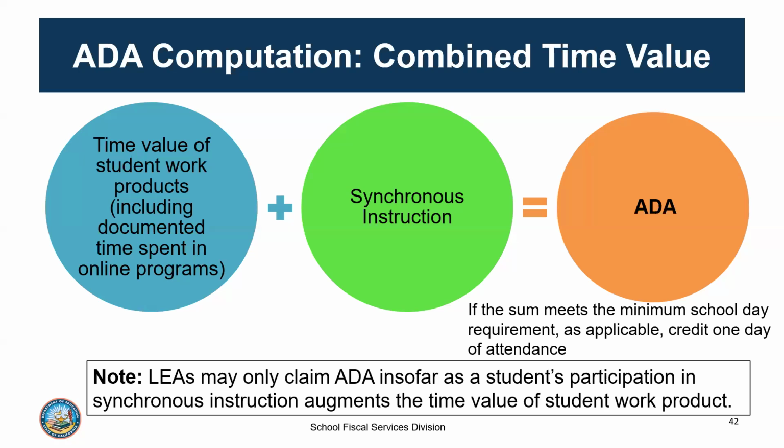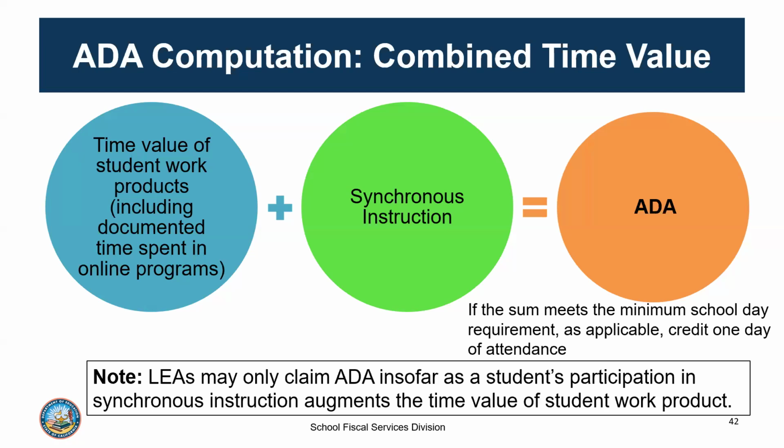This slide shows the method in which LEAs will compute a day of attendance in independent study. Time spent in online programs can be counted as student work products and can be combined with synchronized instruction time to meet the minimum school day requirement for ADA.